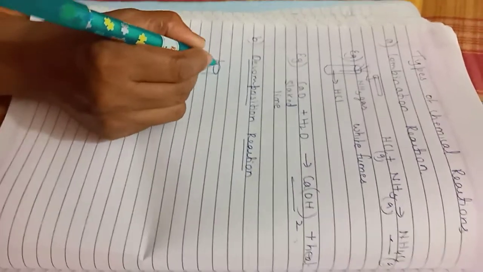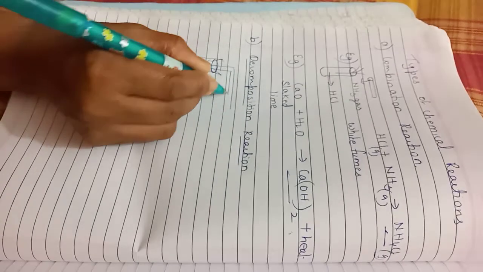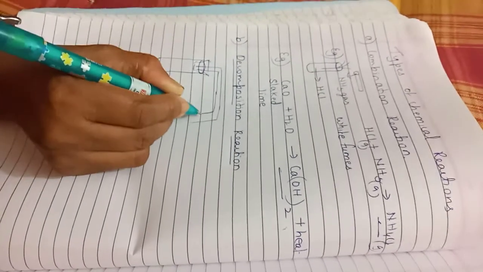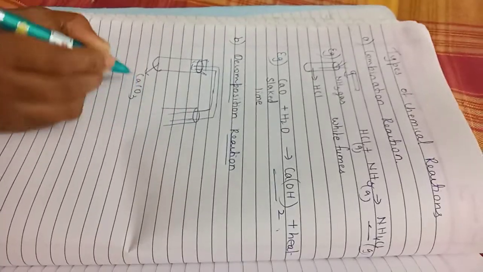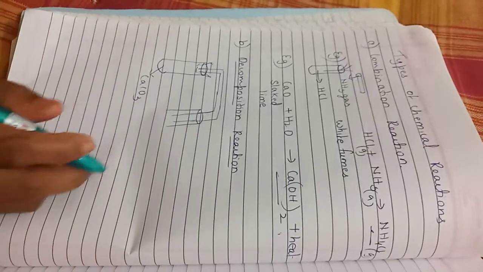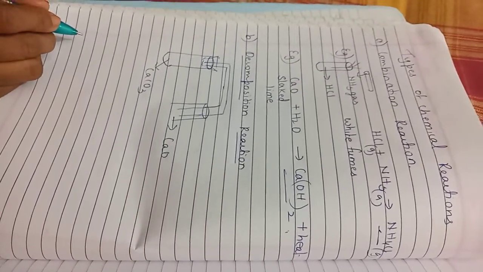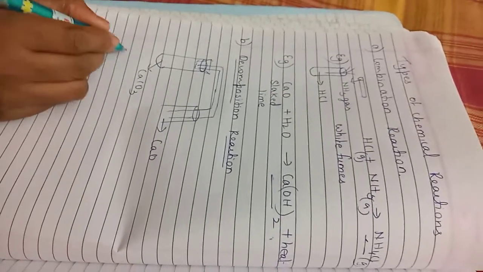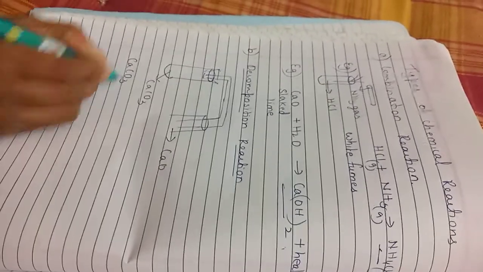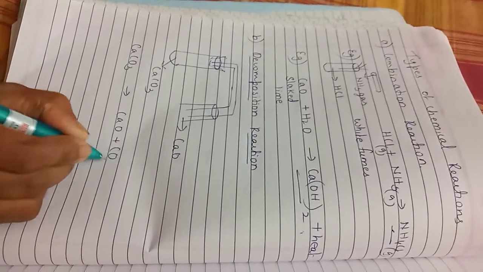Fit it with a rubber cork and a bent tube and let the bent tube open in another test tube containing calcium oxide. What happens? You heat calcium carbonate. Calcium carbonate decomposes to form calcium oxide and carbon dioxide.